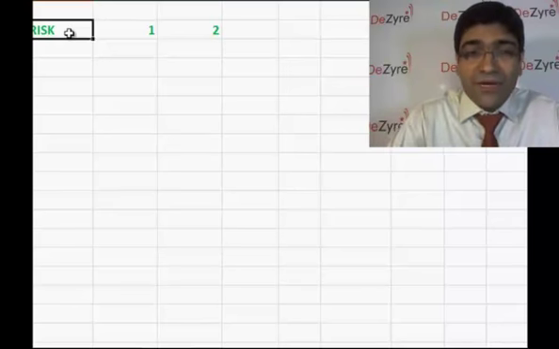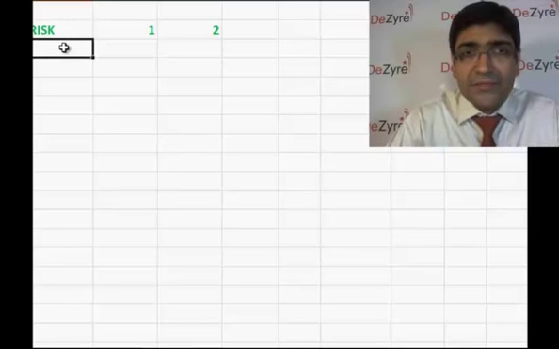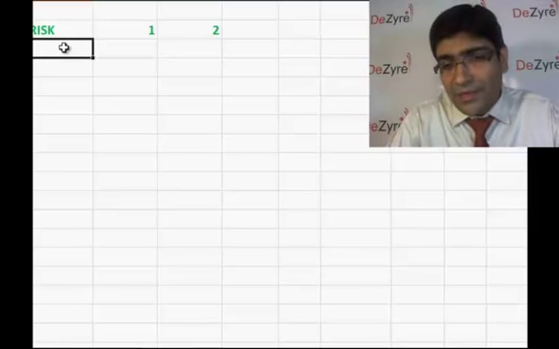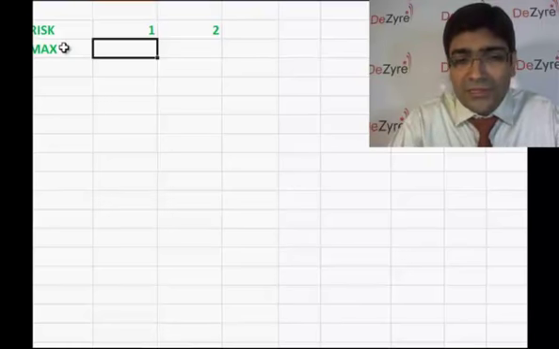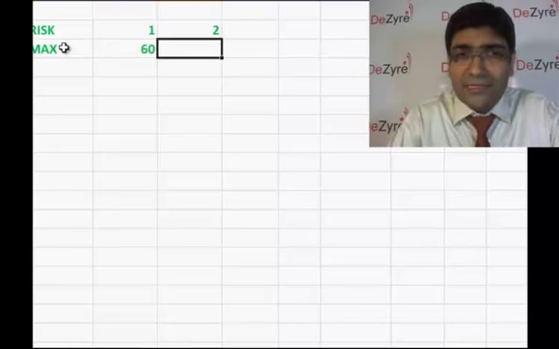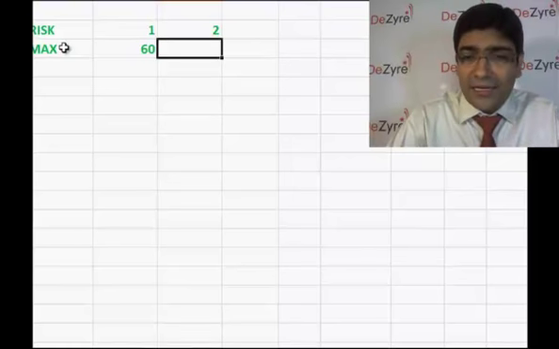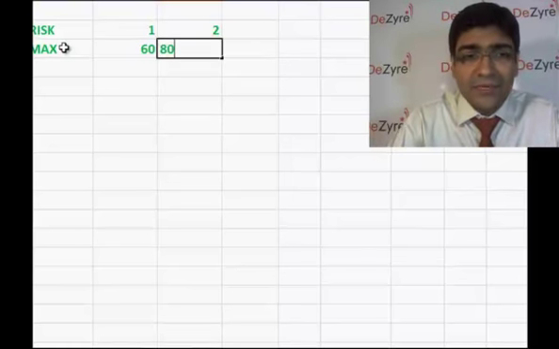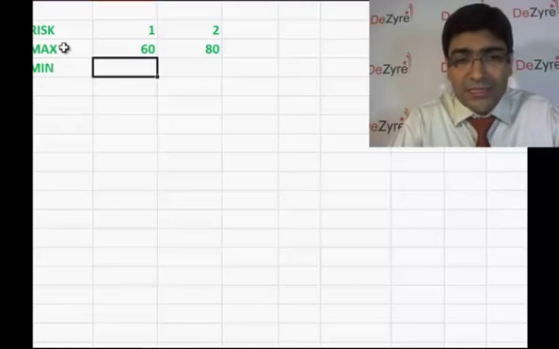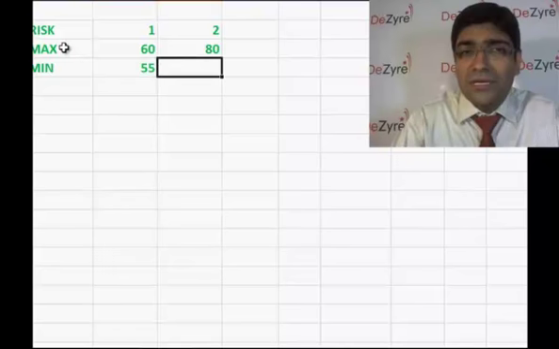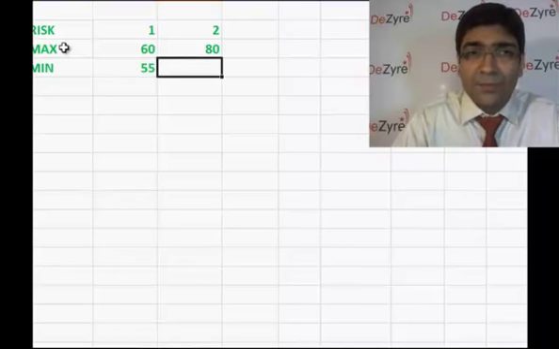Now here we find the maximum mark in class 1 is maybe 60, and in class 2 is 70, or maybe I can say even 80 marks. The minimum marks in class 1 is 55, and the minimum mark in class 2 is say 40 marks, which is quite low.